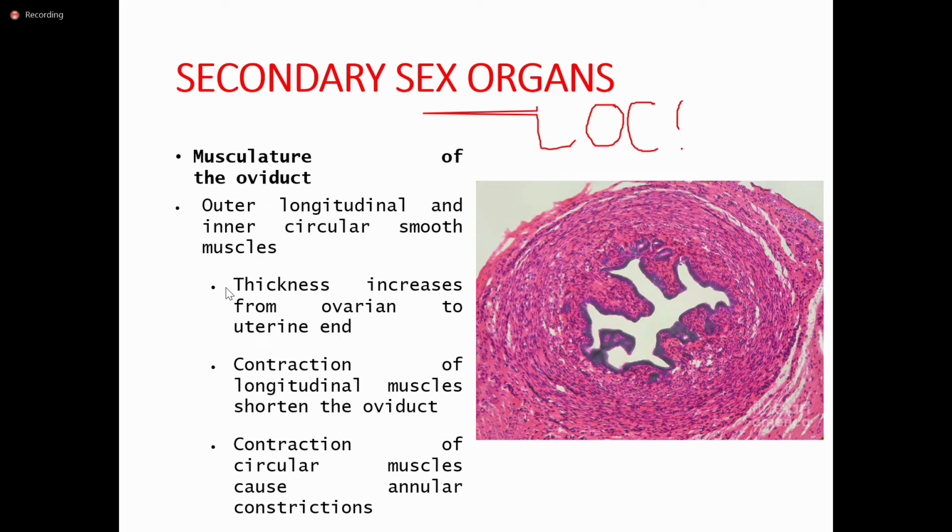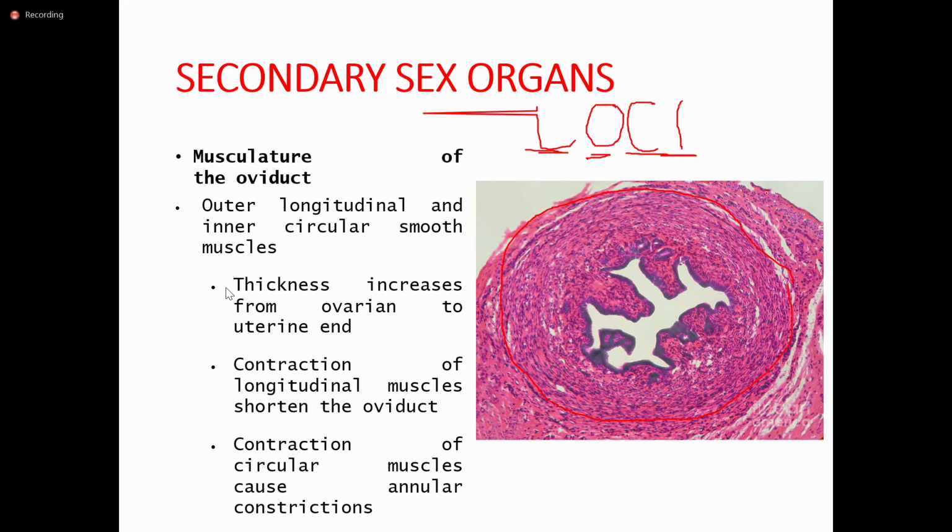Loci. So we have the outer longitudinal muscle, so sa labas. And then we have the circular inner naman. So kung titignan natin yung outer region ng musculature ng oviduct, ito yon. And yung striation ng muscle here ay longitudinal, pahaba.